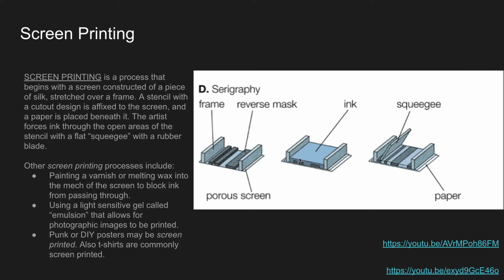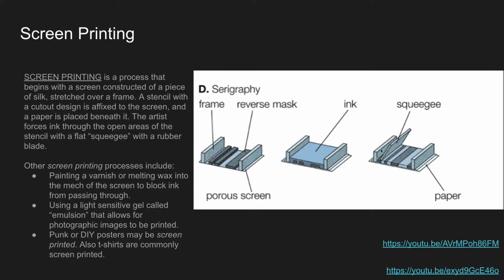So you can spread ink on top of the porous screen and on top of the mask, and then you put all of this on top of a piece of paper, and you use a squeegee. Imagine what you use for cleaning your windows at the gas station.